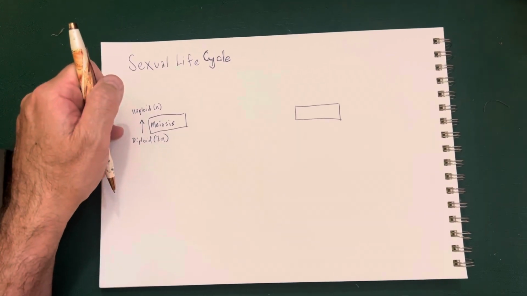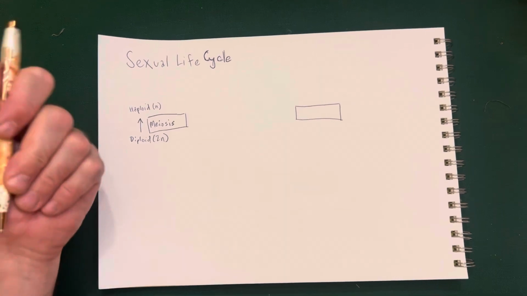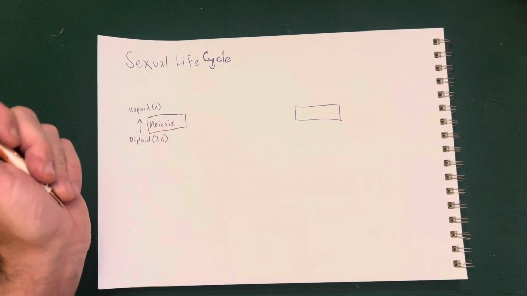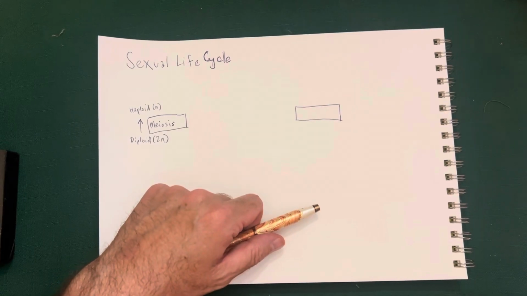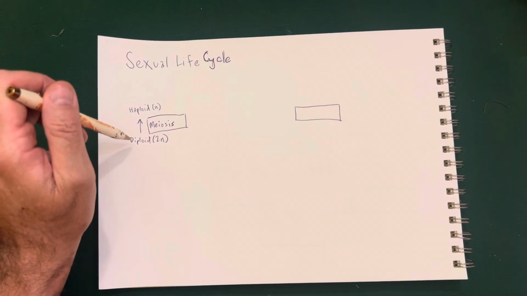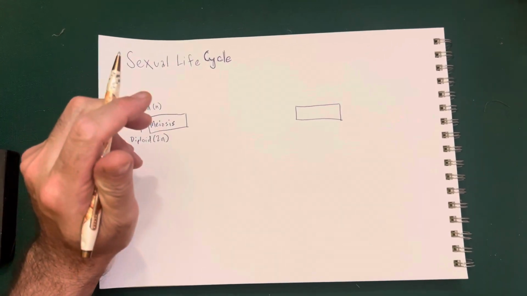That is the function of meiosis. Now in animals we think, this is how we make gametes. That's true, but that is not true for all eukaryotes. Different eukaryotes have different ways of using meiosis, but they all use it for the same purpose of going from diploid to haploid. I'll explain that as we move through this.